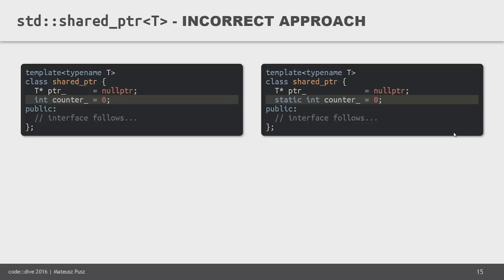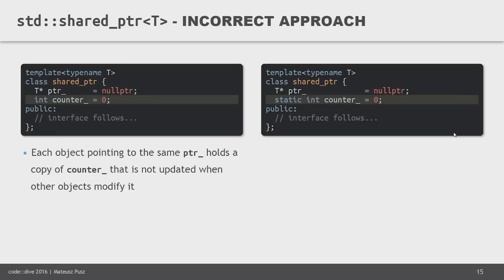Basically, both of those attempts are wrong, yes? The left one provides some issues when we have more than one shared pointer object pointing to the same shared owned resource. Because at the very beginning it seems that it works pretty fine, but if you have two objects, they tend to get out of sync pretty fast.